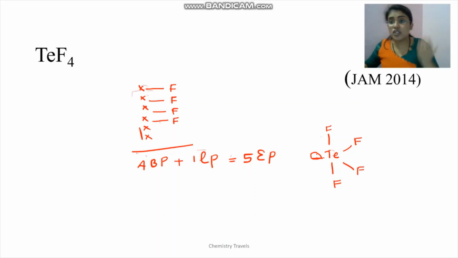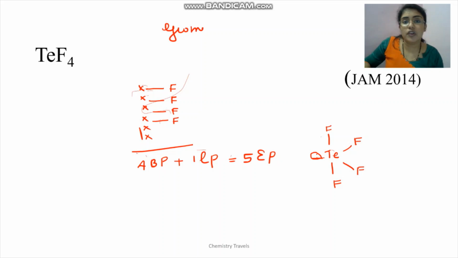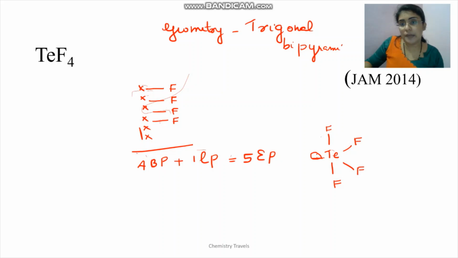So I have a seesaw shape for tellurium tetrafluoride, TeF4, and the geometry is trigonal bipyramidal. Okay, clear. So for this molecule, my geometry is trigonal bipyramidal, and the shape is seesaw.